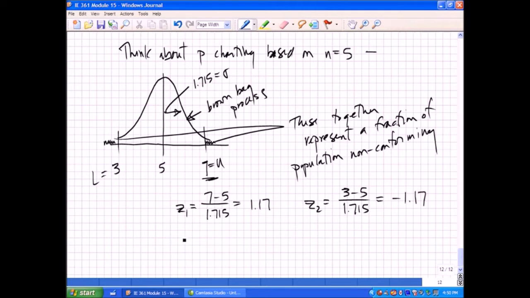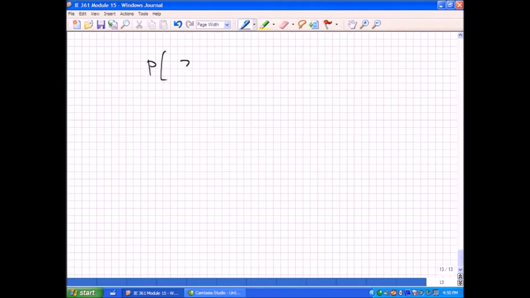And so my point here is that the probability a washer is out of specifications is then approximately the probability that a standard normal variable is less than minus 1.17 plus the probability that a standard normal variable is bigger than 1.17, and that is about 0.2420.